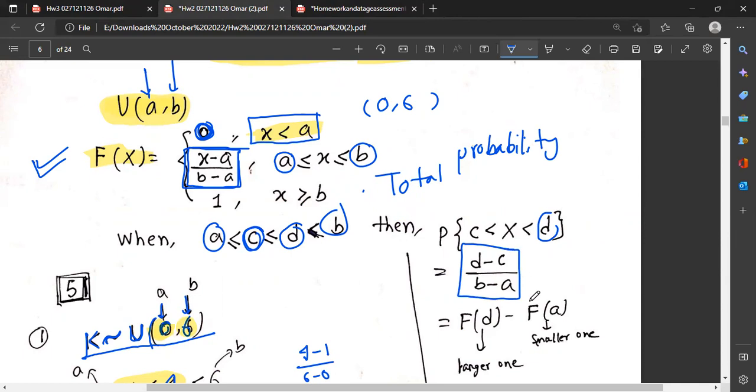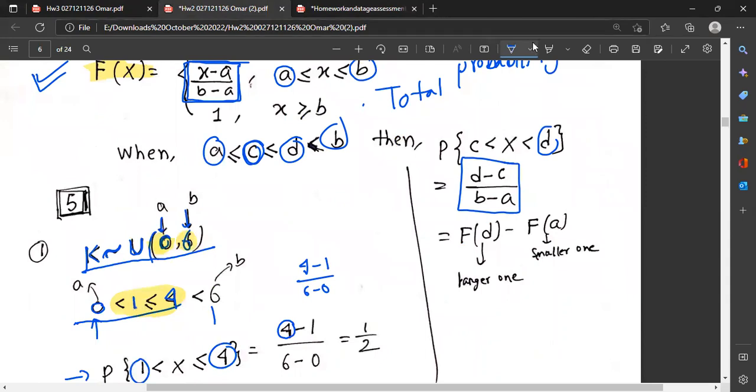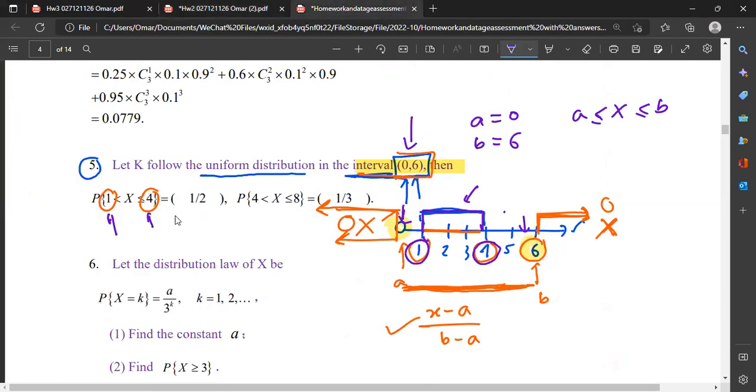So where is d? To put it simply, d is the interval that we need to calculate. Here d is 4, the highest value, and the lowest value c is 1. So d minus c. If you look back at the question, d is 4 and c is 1.